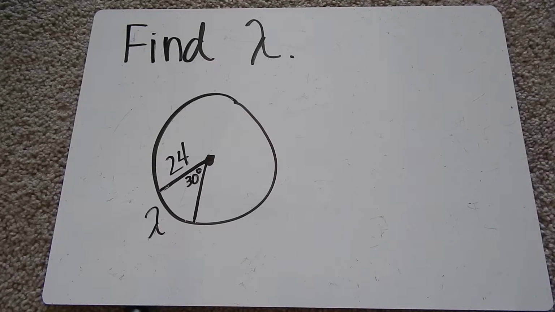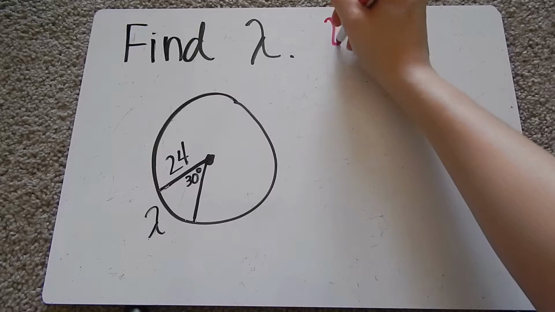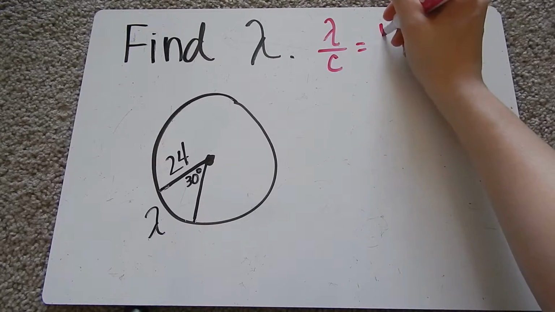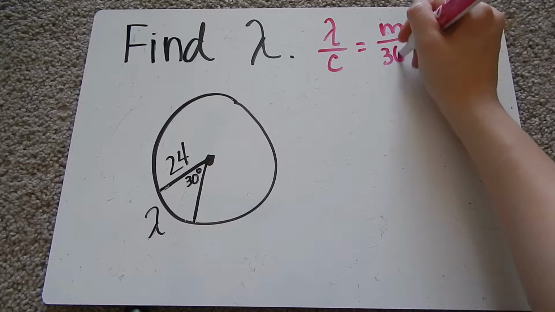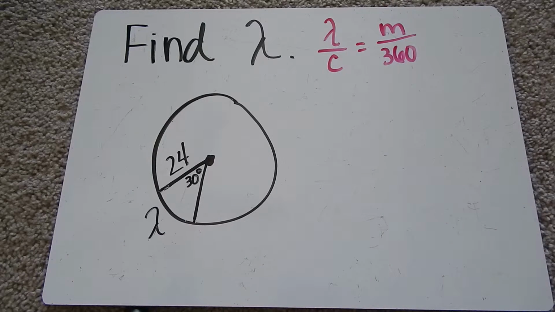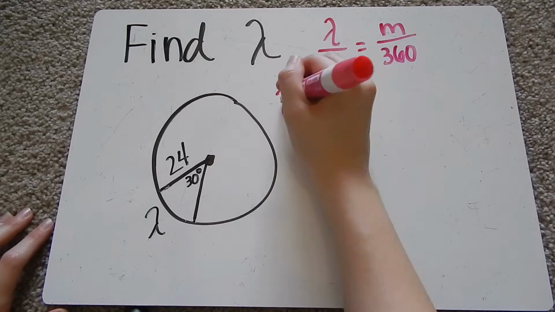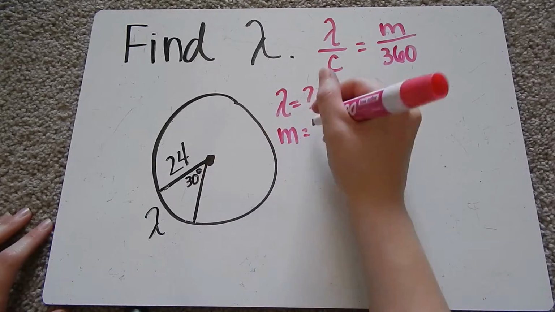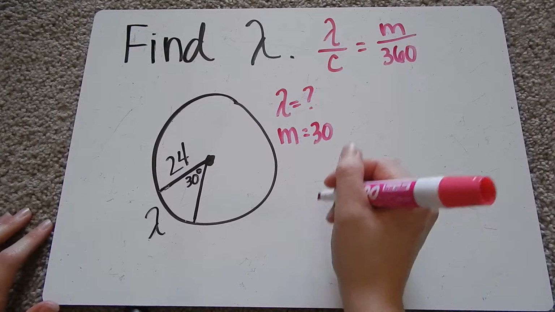My first one says find lambda. So I'm going to rewrite my equation. Lambda over circumference equals m over 360. I can define some variables. So lambda is unknown. M is our central angle measure of 30.